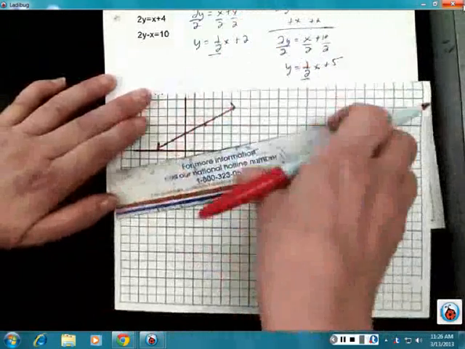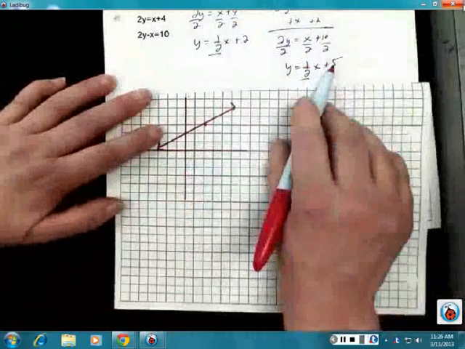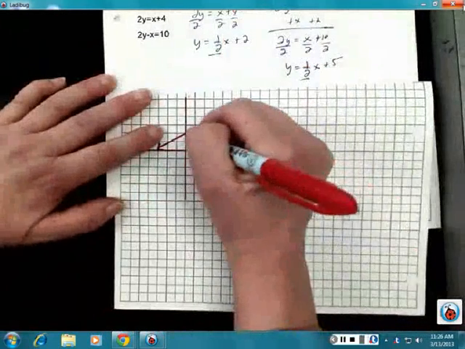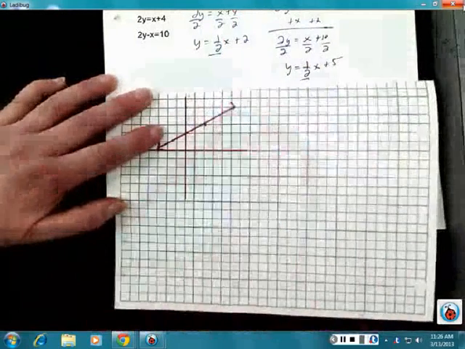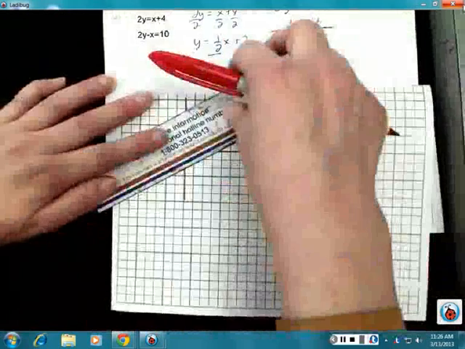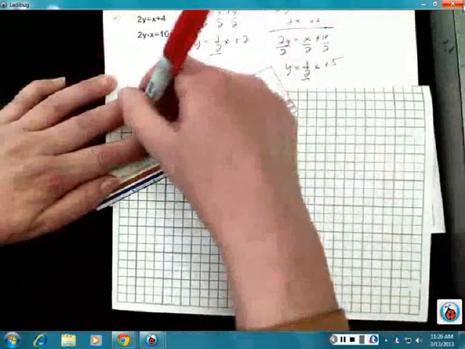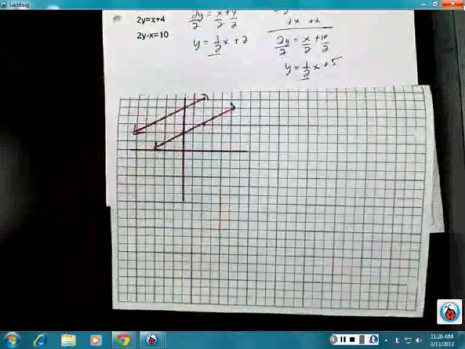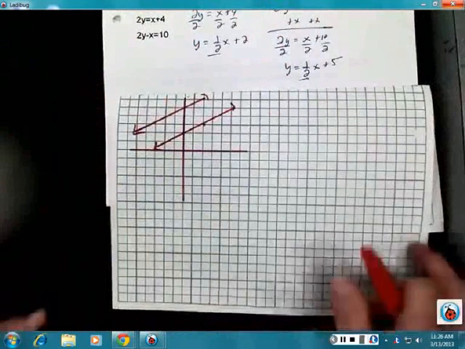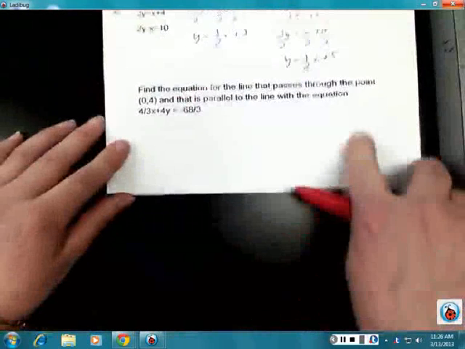I don't have a lot of math to do. The other one says be up at 5. Rise 1 and run 2. And I get two parallel lines because they have the same slope. Okay? Okay. Next one down.